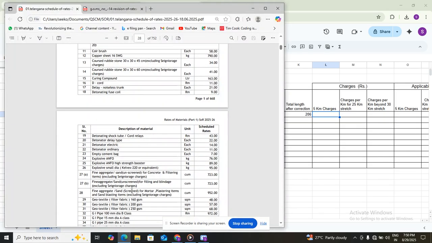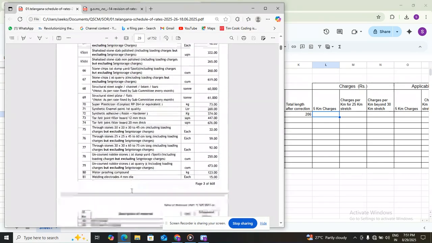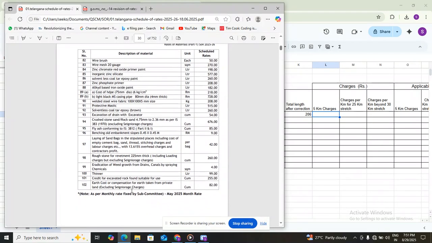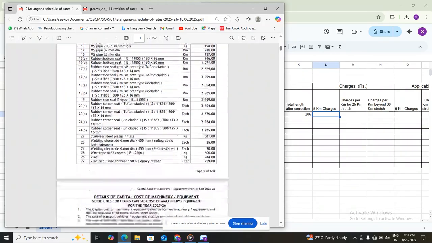We need to go more. Now it is not material rates. We need to go to the transport lead. What are the materials we need to transport for more than 5 kilometers?